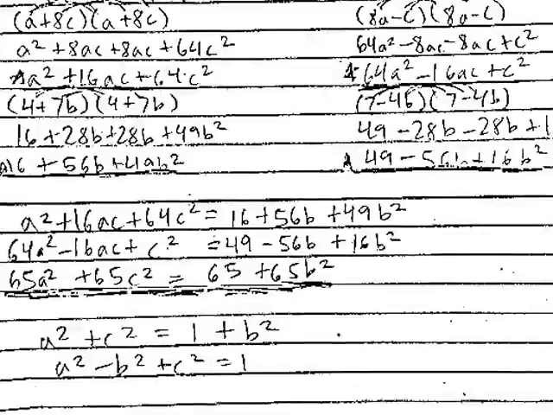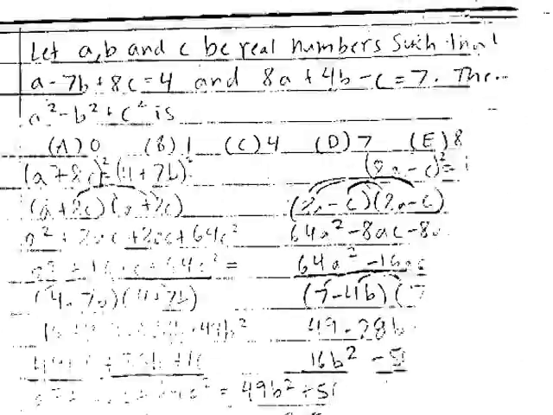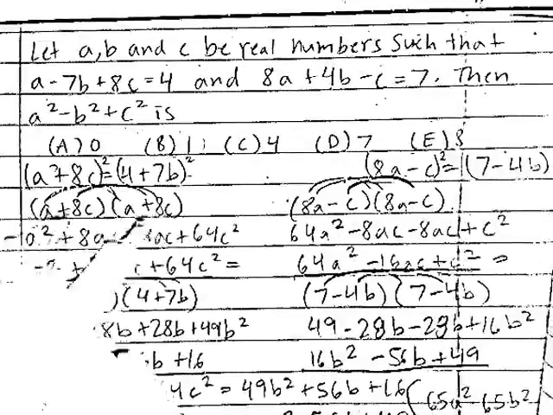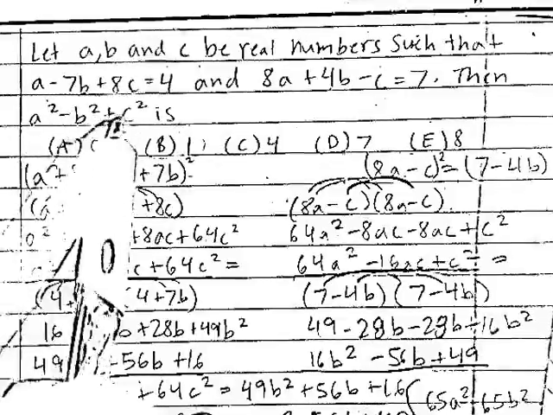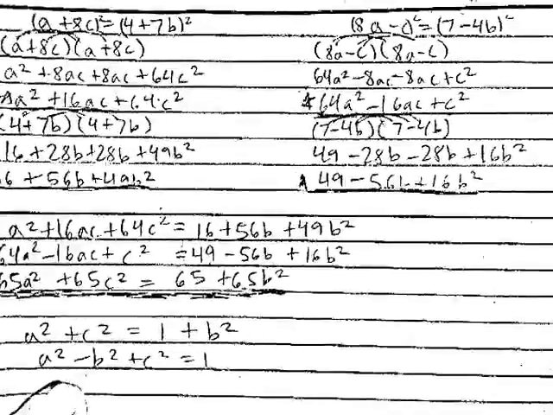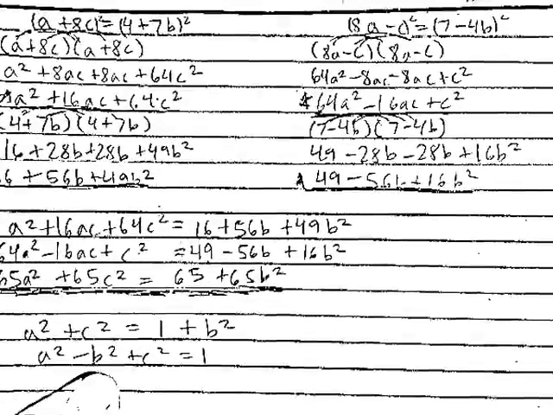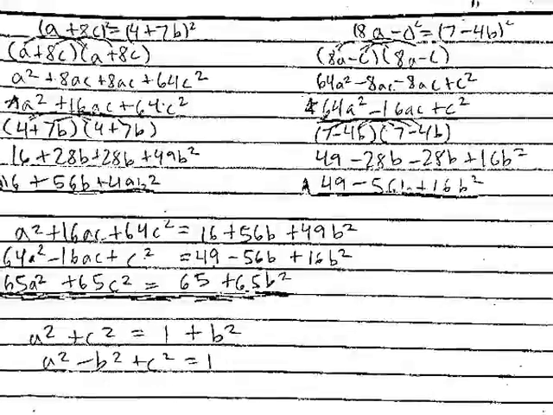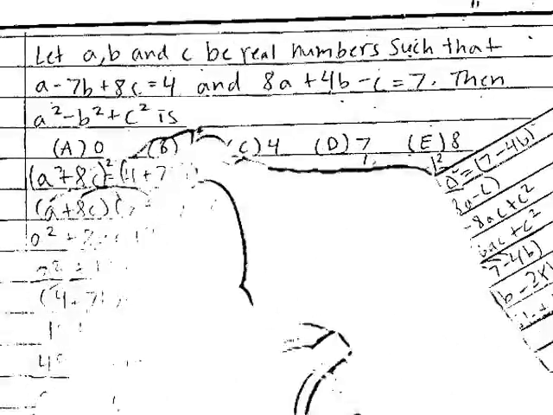The answer to this problem, so in the beginning, you're trying to find what a squared minus b squared plus c squared equals. And from this work here, you can see that a squared minus b squared plus c squared equals 1. And so the answer is B.